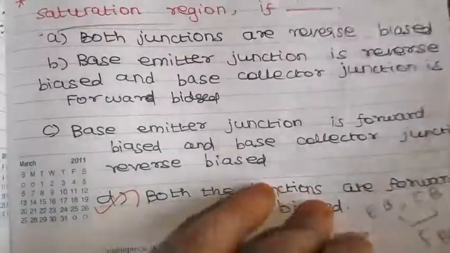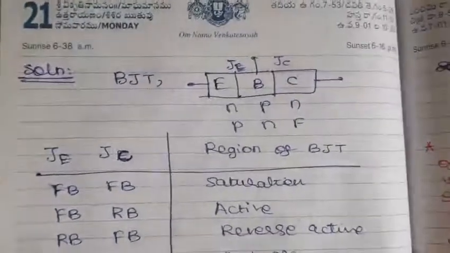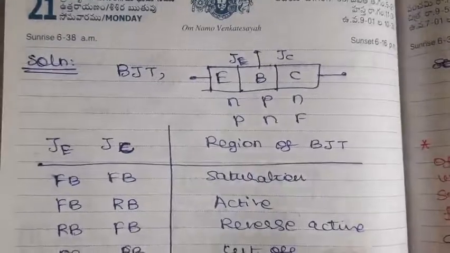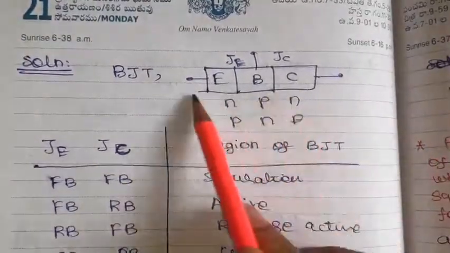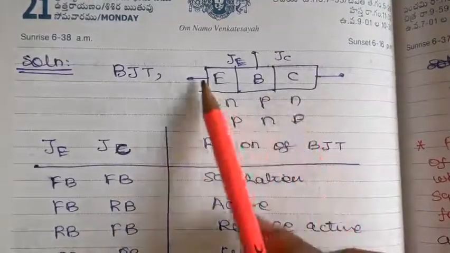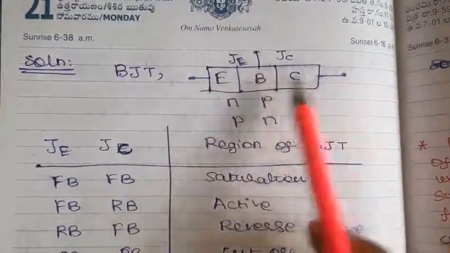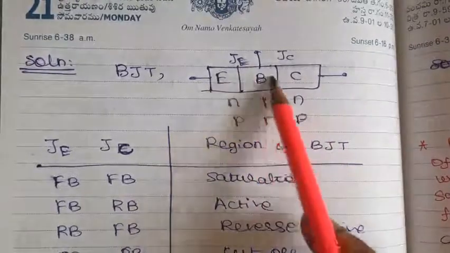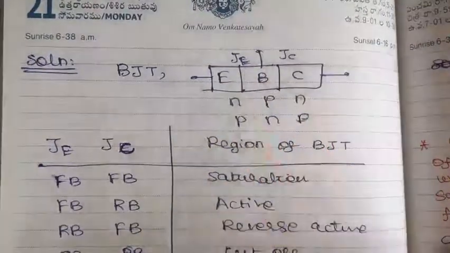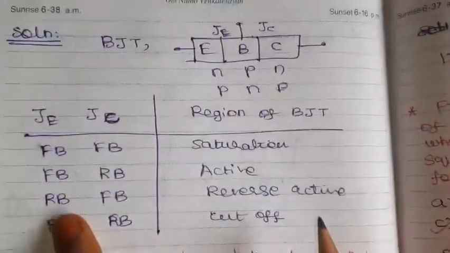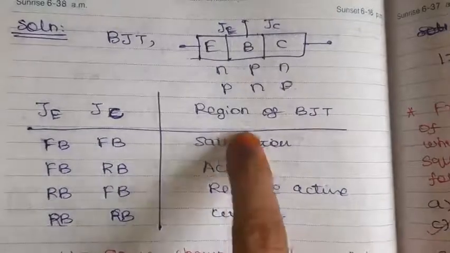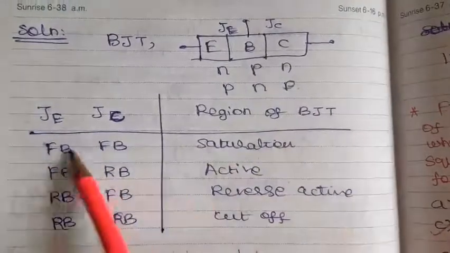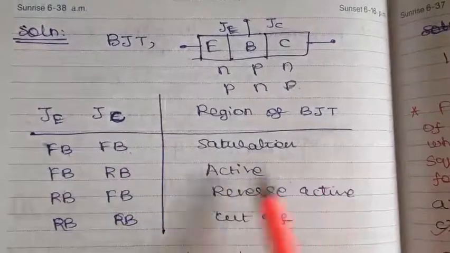We'll see some of the regions and some of the biasing in a BJT. For example, take a BJT with emitter, base, collector, NPN or PNP. This is the emitter base junction JE, and this is the collector base junction JC. We'll see what the JE and JC biasing is for each region. If both are forward bias, it is the saturation region.